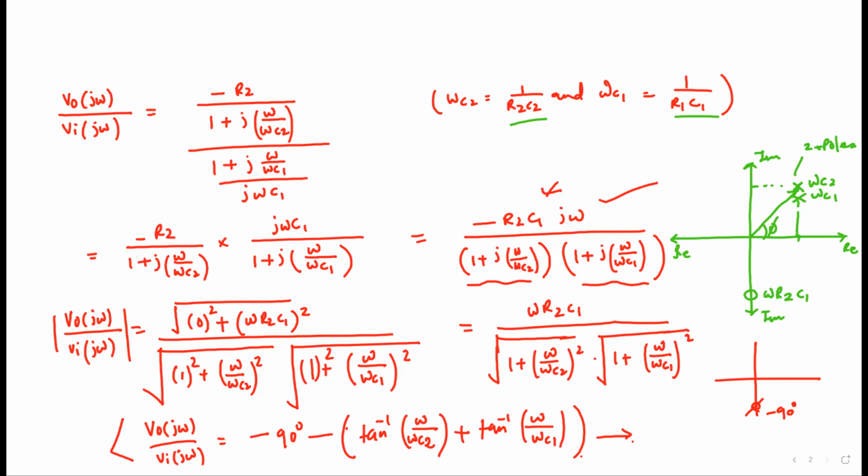So S equal to minus 1 by R2C2. Minus 1 by R2C2 is equal to minus 1 by j, or equal to minus j plus j R2C2.